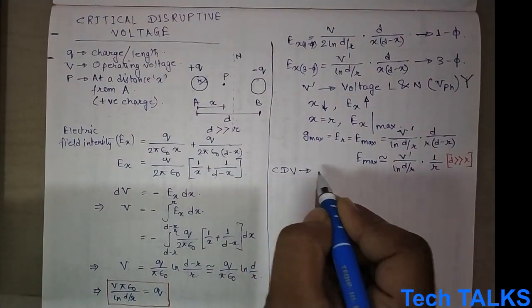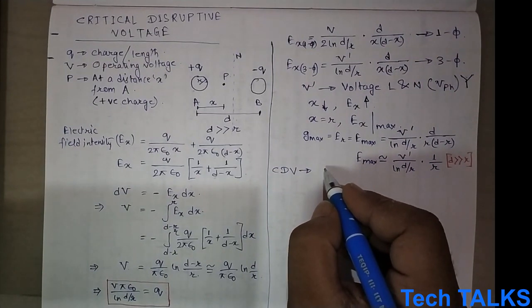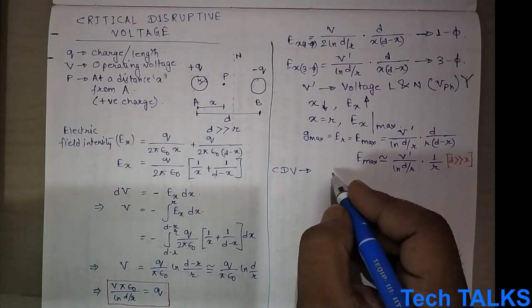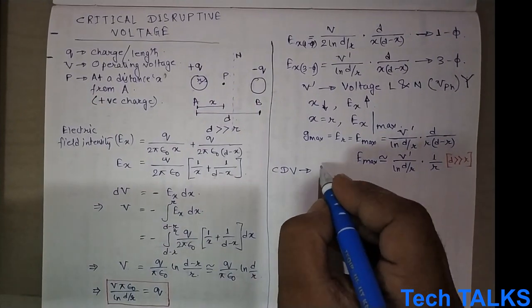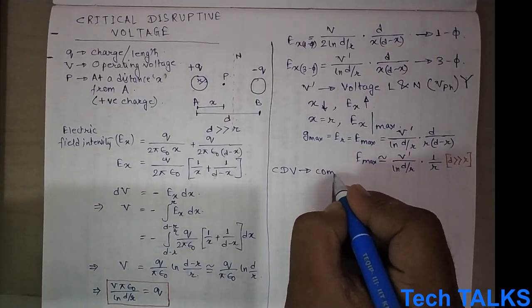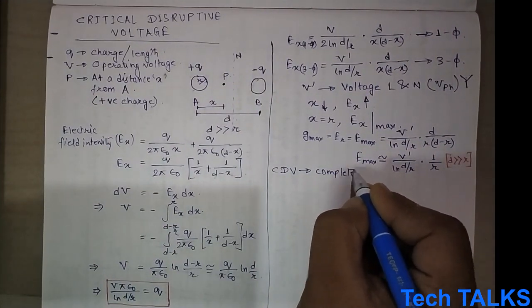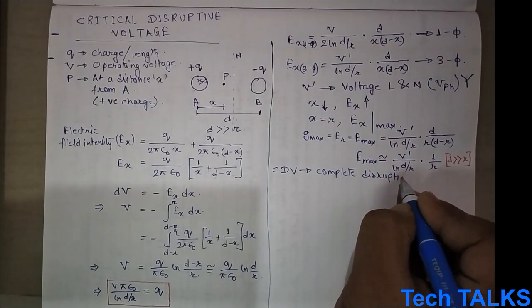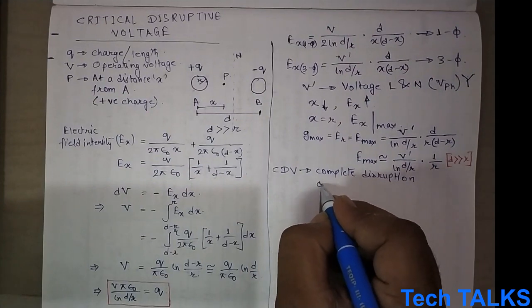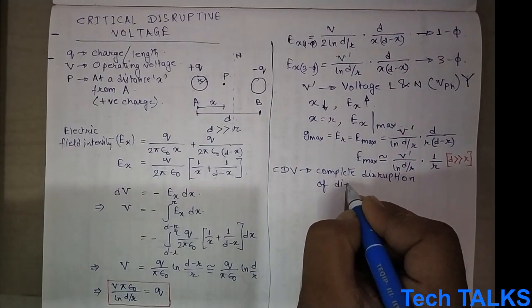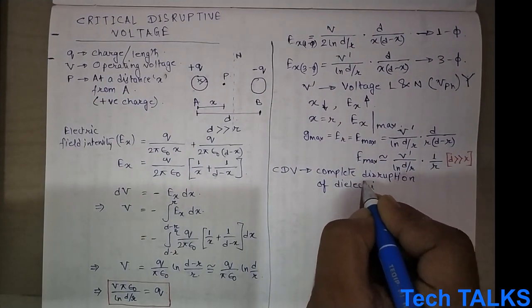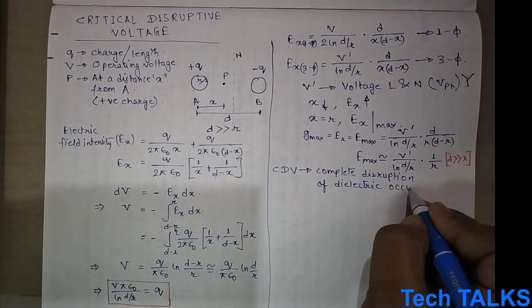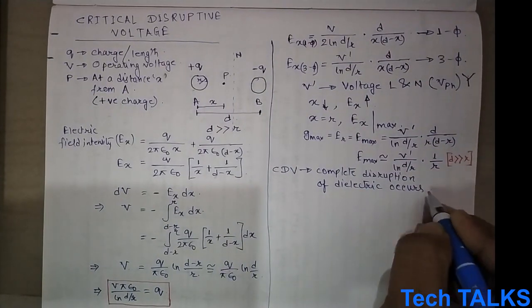When I am talking of dielectric, you can think of many dielectrics, but first we will consider air as the dielectric. This is the critical disruptive voltage, CDV, where complete disruption occurs.